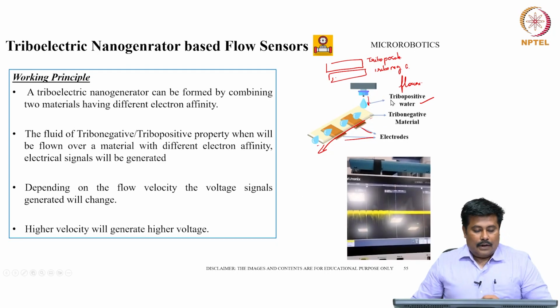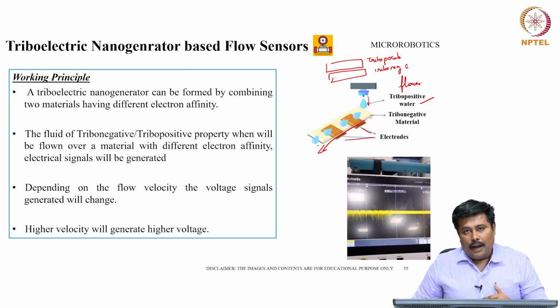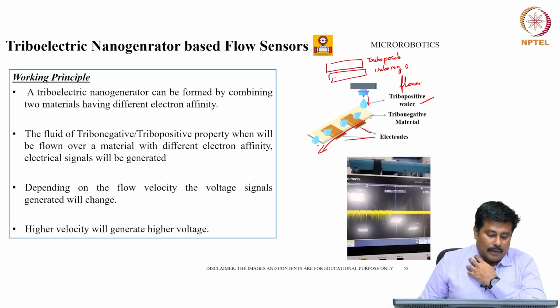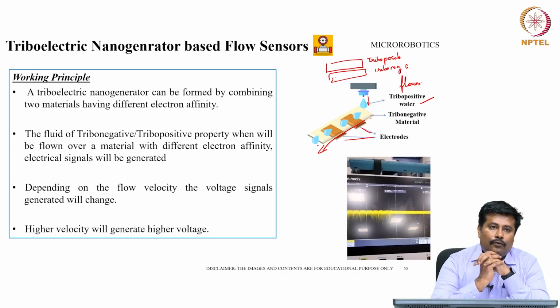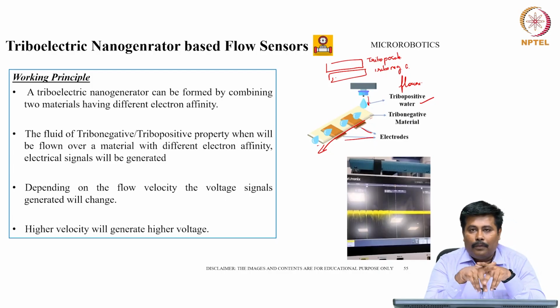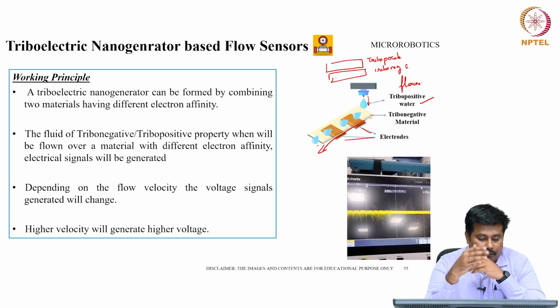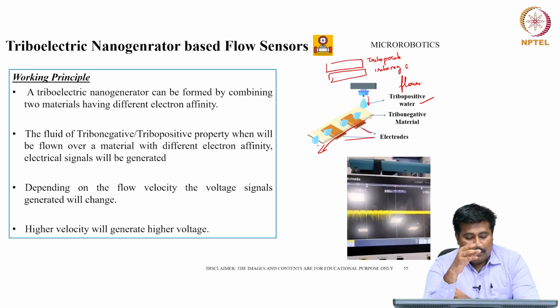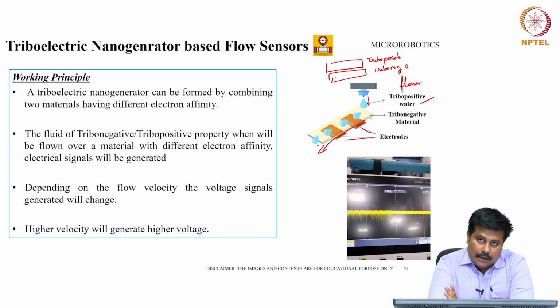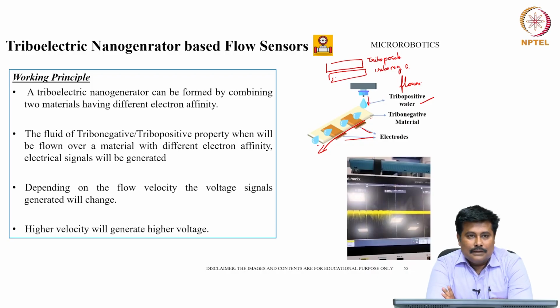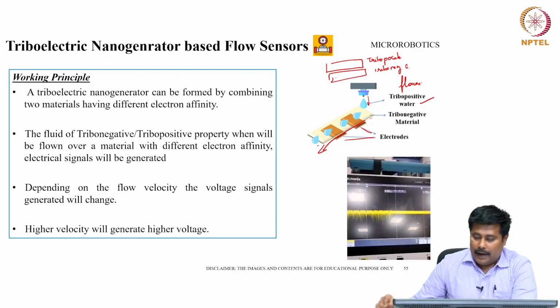Now the triboelectric nano generators can be formed by combining 2 materials having different electron affinity. When the fluid with tribo-negative or tribo-positive property flows over a material with different electron affinity, electrical signals will be generated. Depending on the flow velocity, the voltage signals generated will change, and a higher velocity will generate a higher voltage.